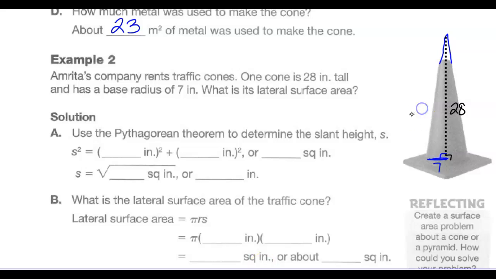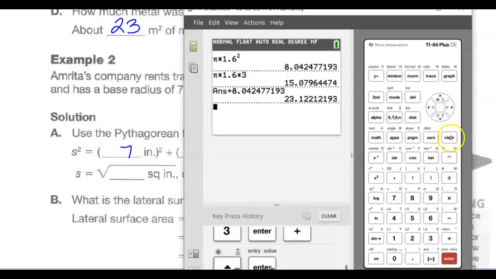And actually, what I do for slant height is I often do a written s, just so it doesn't look like a 5. So that slant height squared is equal to 7 squared plus 28 squared. So in your calculator, 7 squared plus 28 squared is 833.